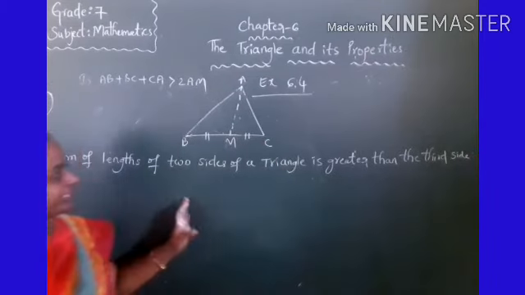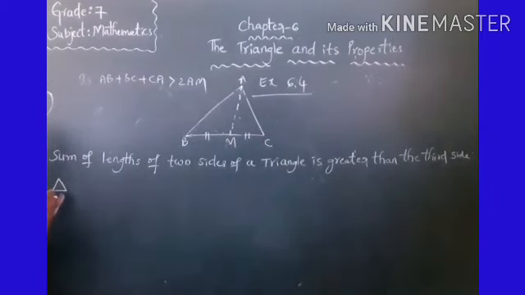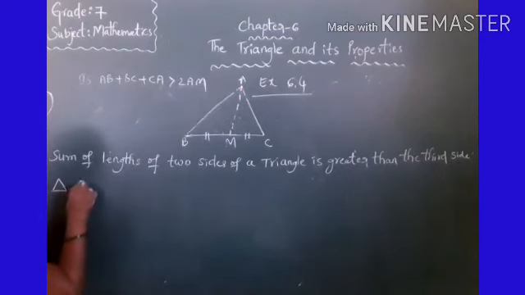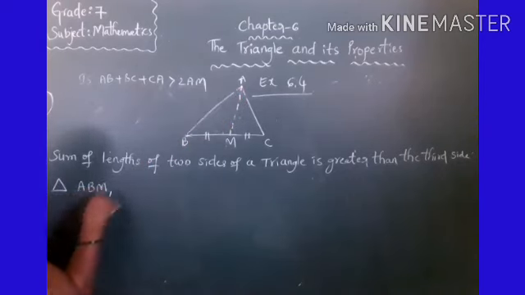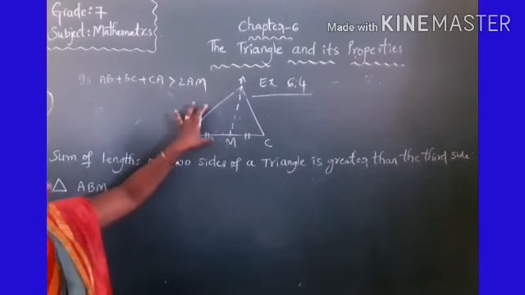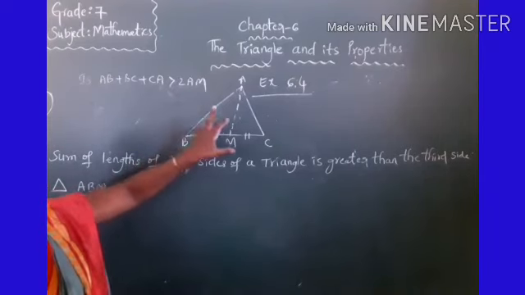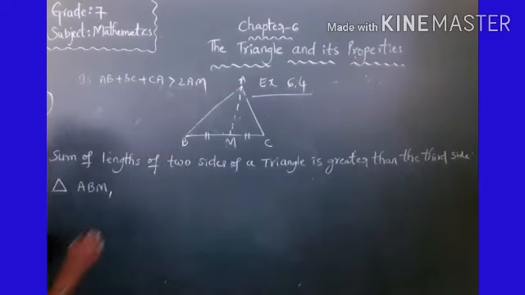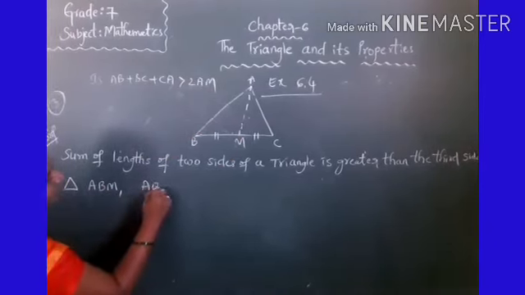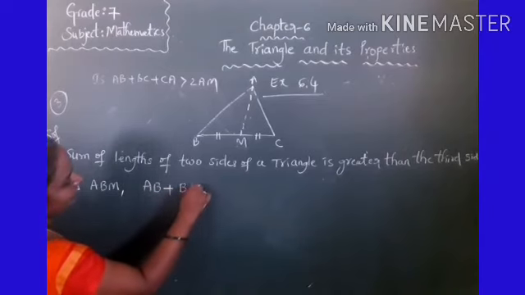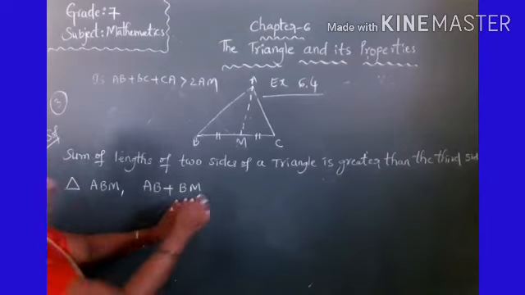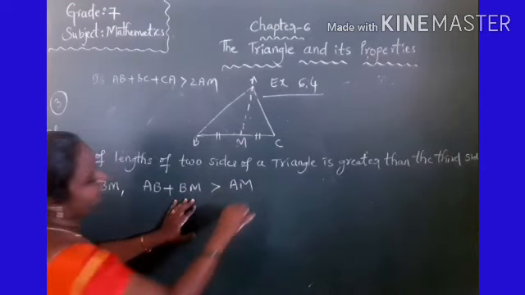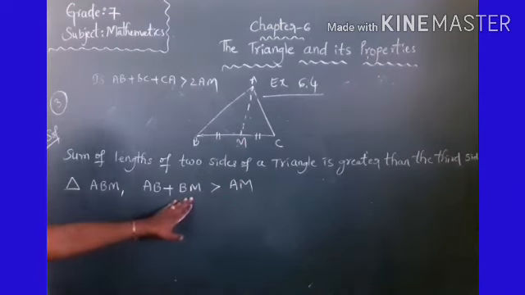So here observe first triangle ABM. Triangle ABM, sum of two sides greater than the third side. Two sides, what are they here? Yes, AB plus BM. Sum of two sides is greater than the third side, that is AM.